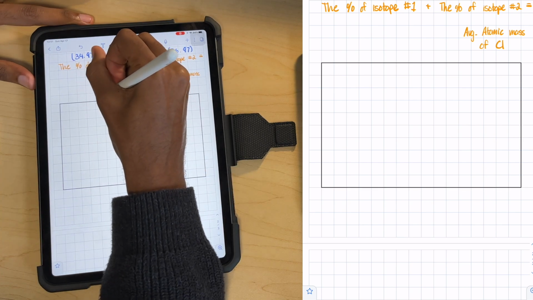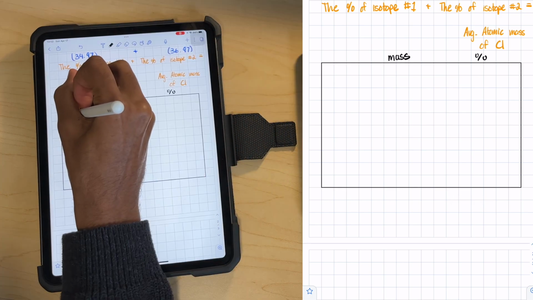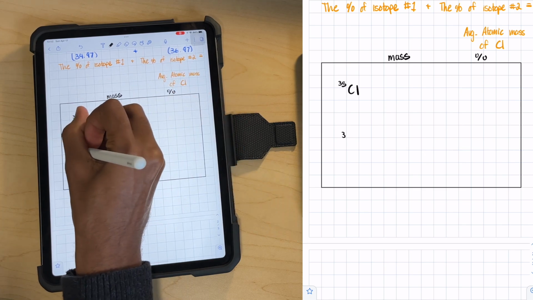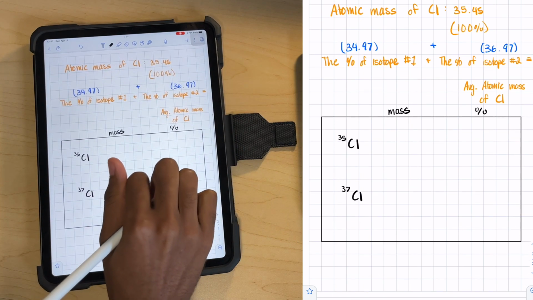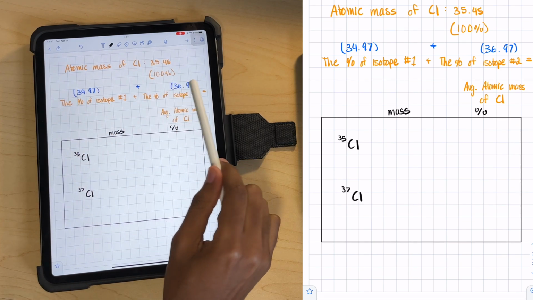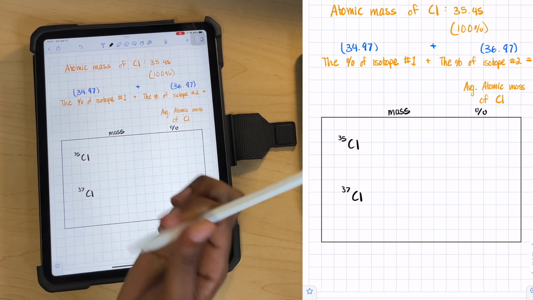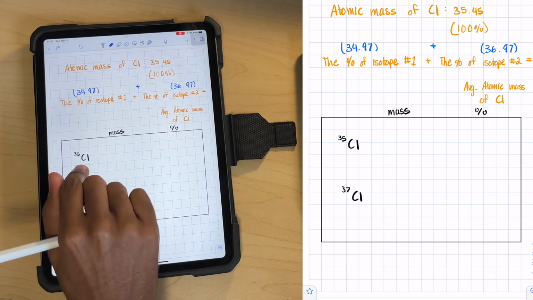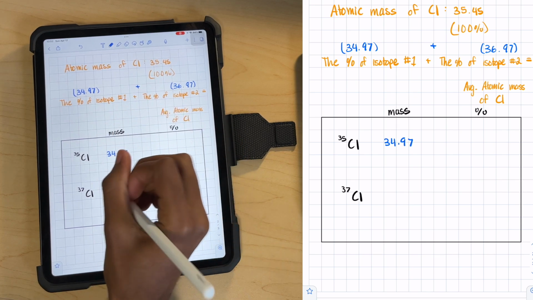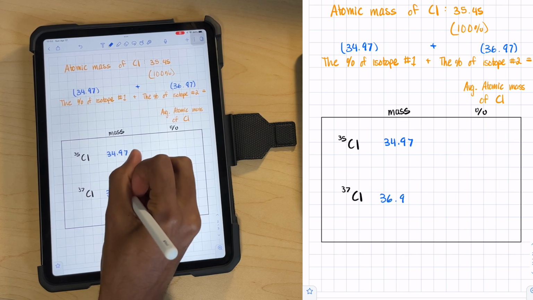We're going to have our masses here and our percentages over here. We have chlorine-35 and chlorine-37, rounded for these numbers. The mass of isotope number 1 is 34.97, and the mass of isotope number 2 is 36.97.